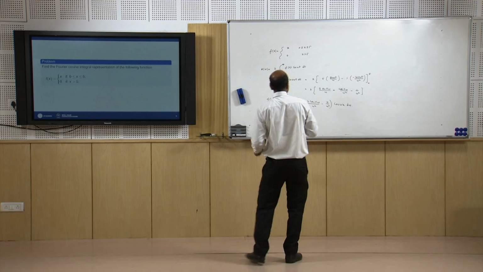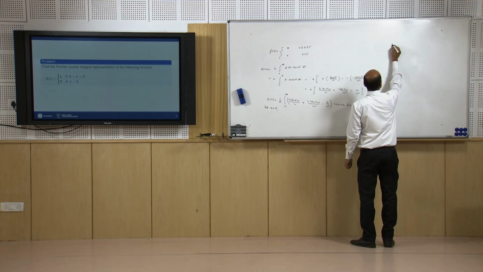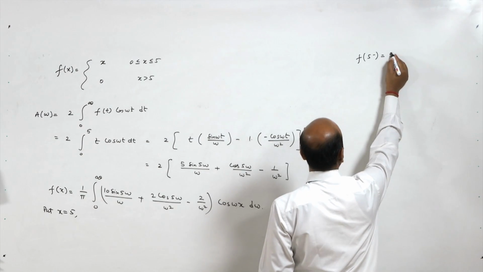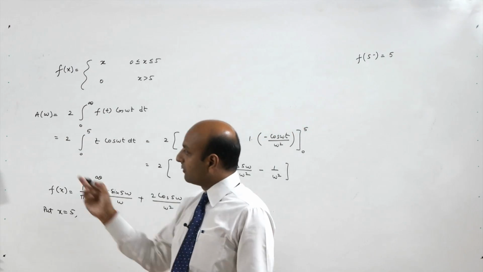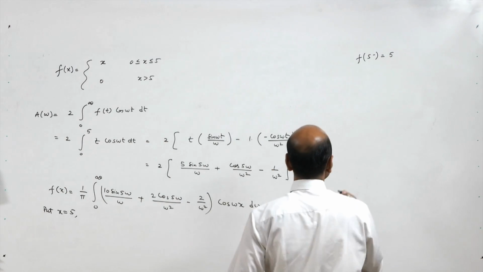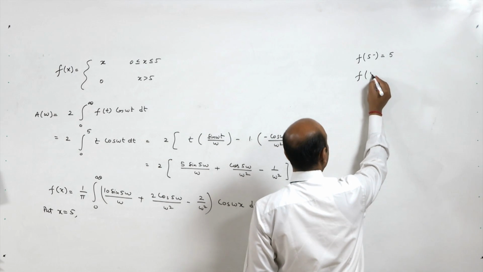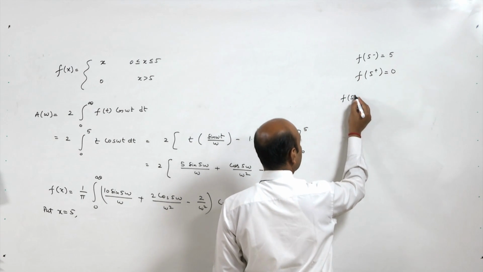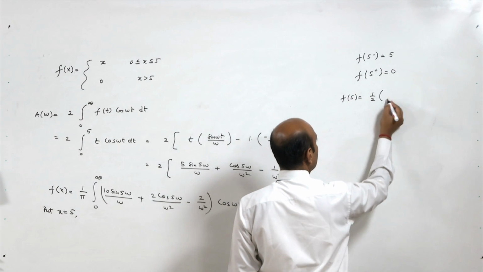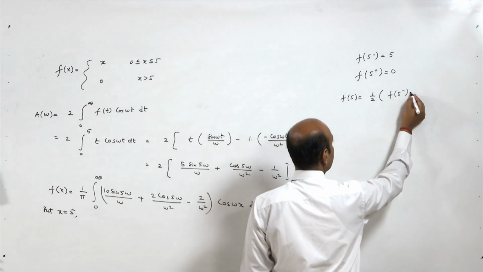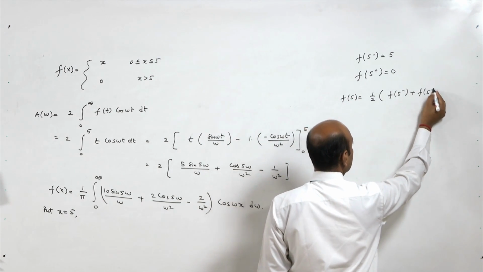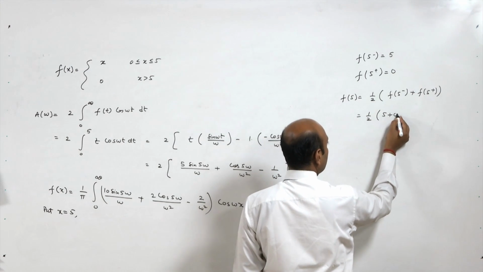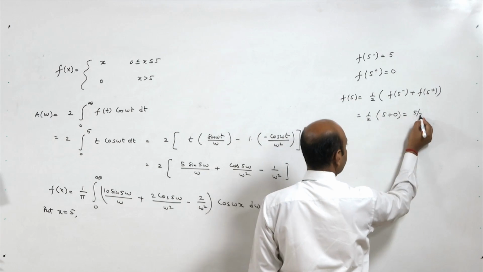So, what is f(5 minus)? It will be nothing but 5 from the definition. And what is f(5 plus)? From the right hand side it is 0. So, f(5) will be half of f(5 minus) plus f(5 plus), which is half of 5 plus 0, equal to 5 by 2.